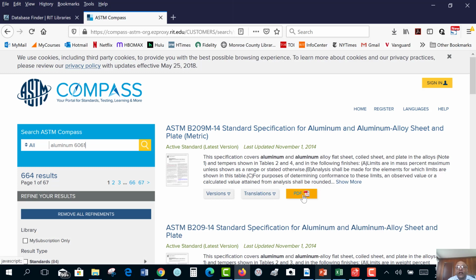So again, here I can download it, and this will contain the data I am looking for. I'm going to talk about this later on. Again, I've already downloaded it, and we are going to search through the data there.